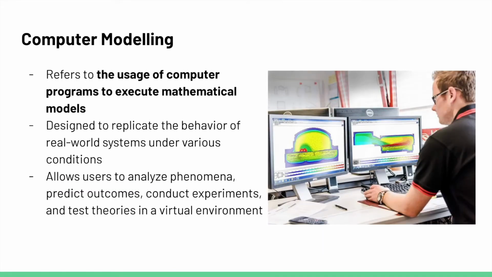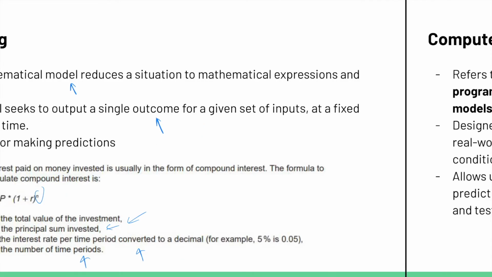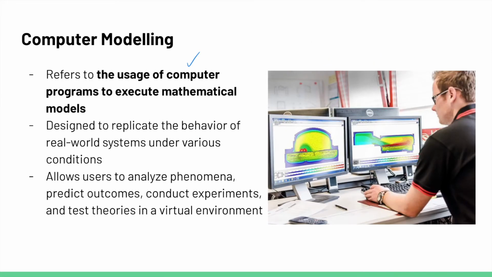Now, generally modeling nowadays is done on a computer. Really any meaningful modeling is going to be done through computer modeling. This basically refers to the usage of a computer program to execute mathematical models. So if we had a computer program that would execute our interest rate model and show us the output based on some input, that would be the equivalent of computer modeling. We use computer modeling to replicate the behavior of real-world systems under various conditions.